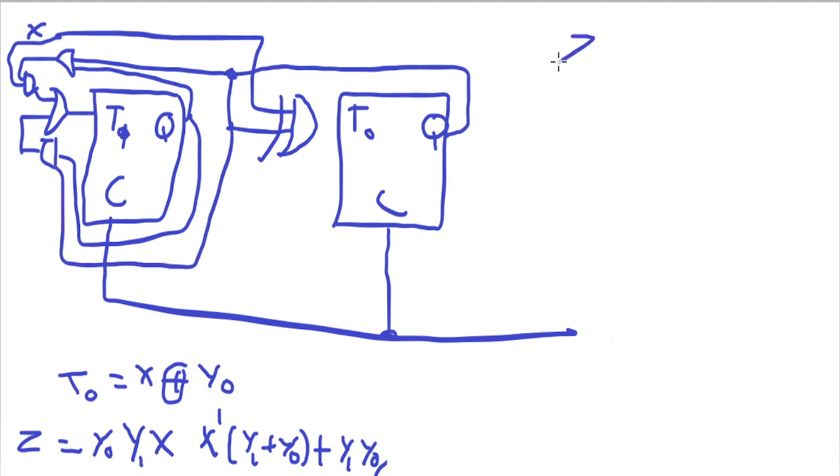And our Z output is the AND of X and Y0 and Y1.